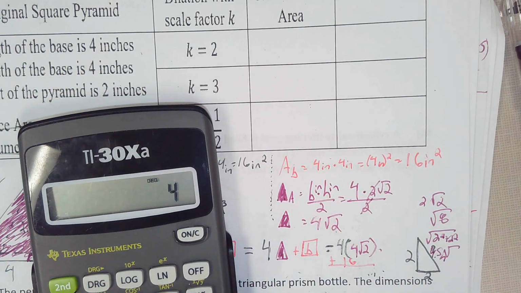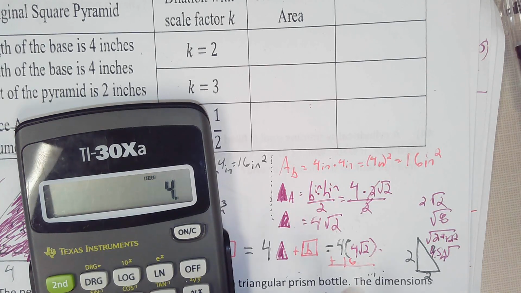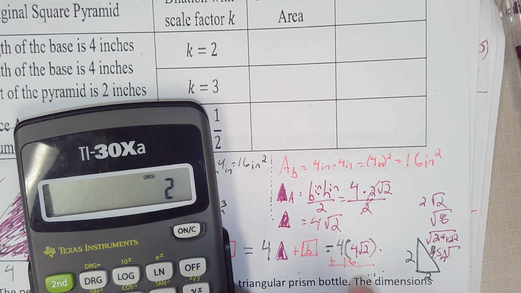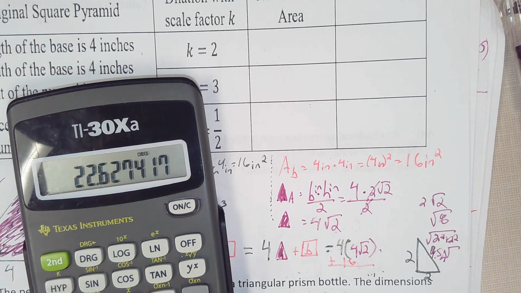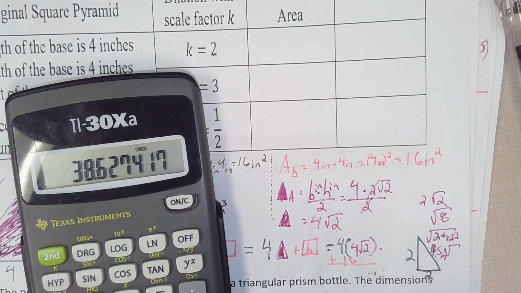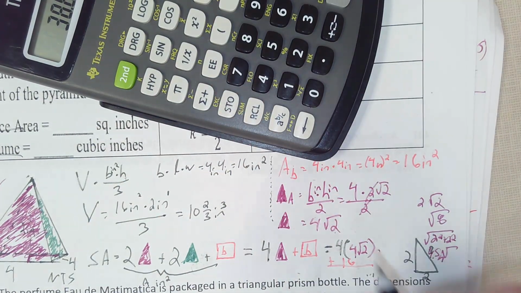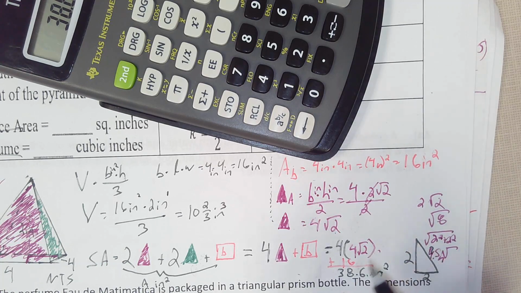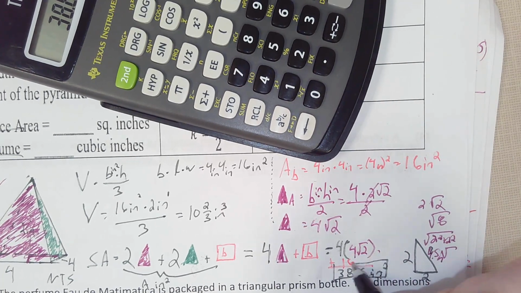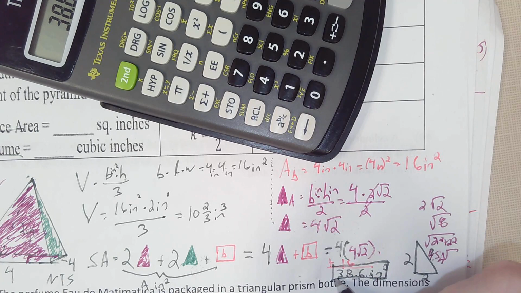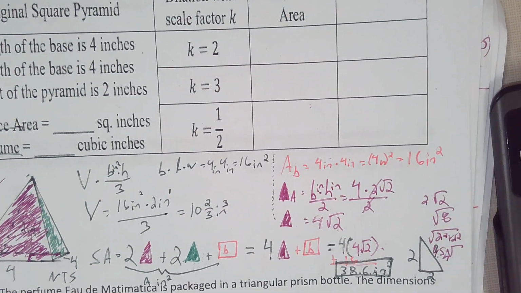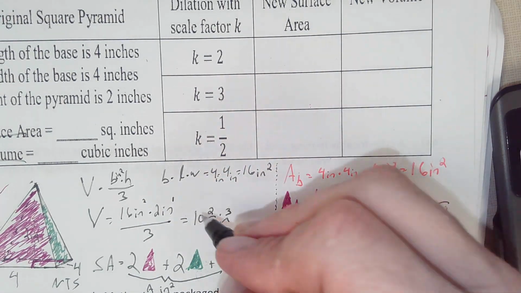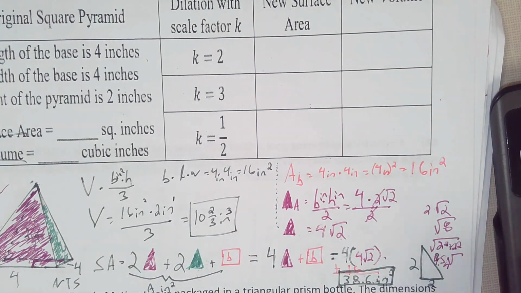So that equals 38.6 inches squared. All right, so there we go. So those are two values for inches squared and inches cubed for volume and surface area.